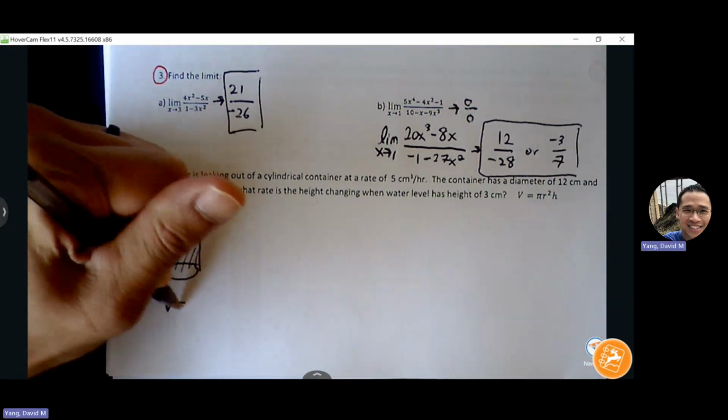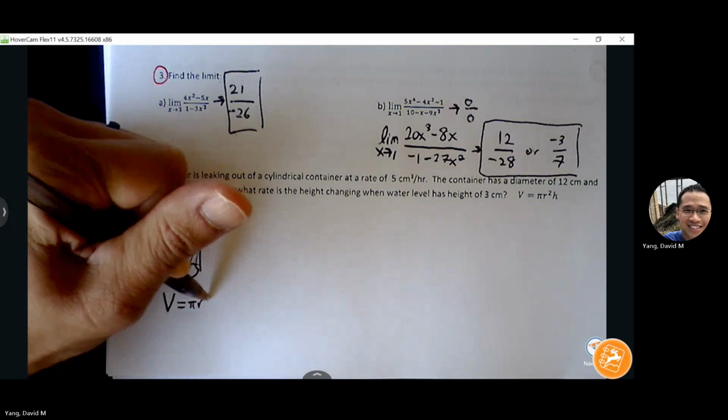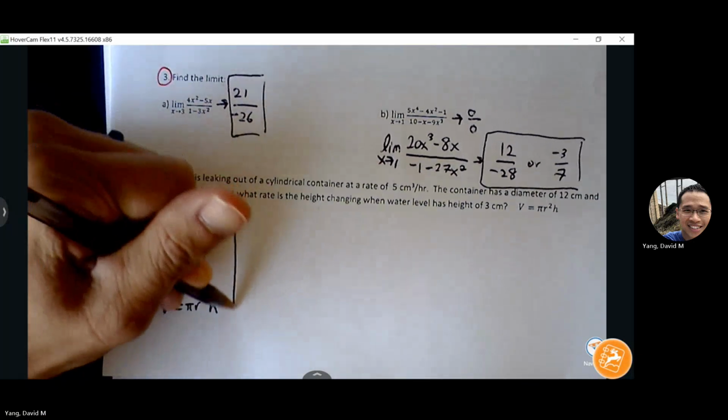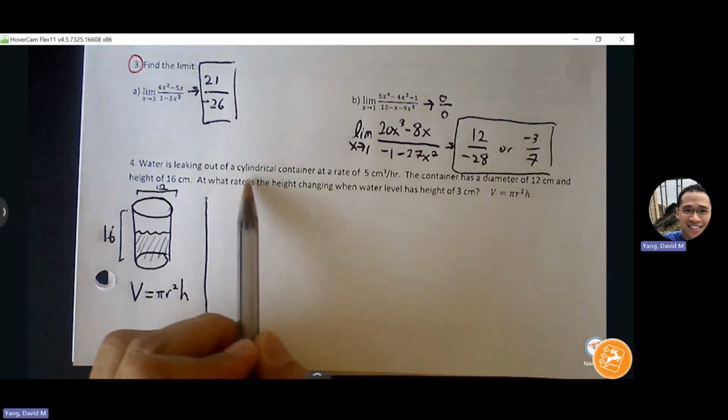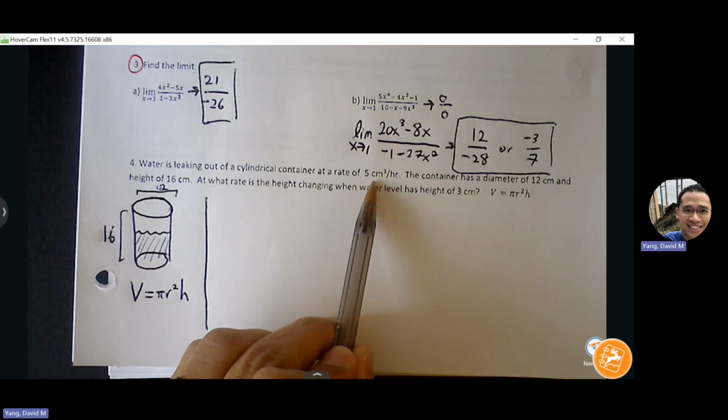Okay, here's my volume formula. Let's gather information from this problem. Water is leaking out of a container at a rate of 5 cubic centimeters per hour.